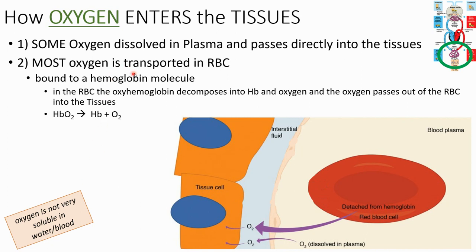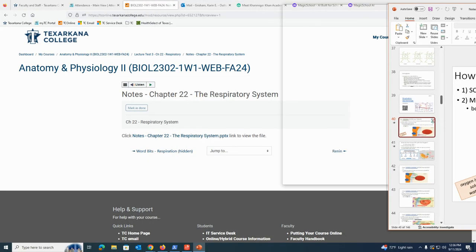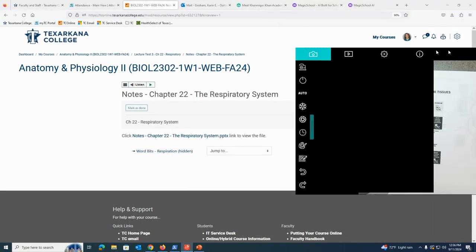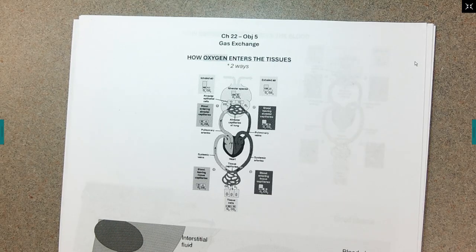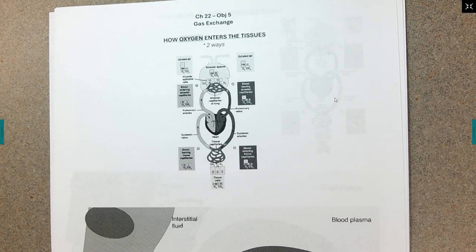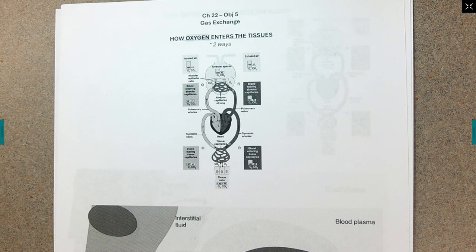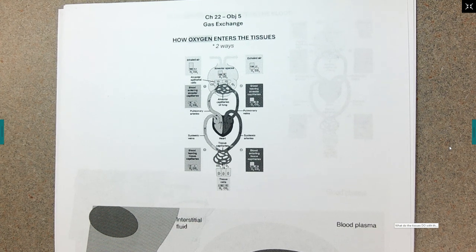So we're going to pause the PowerPoint here, and we're going to do a little drawing. So you should have this page in your packet. Let's take a look and see what we're doing.